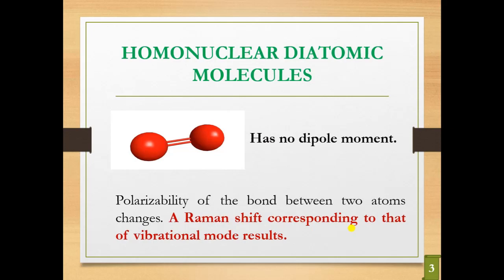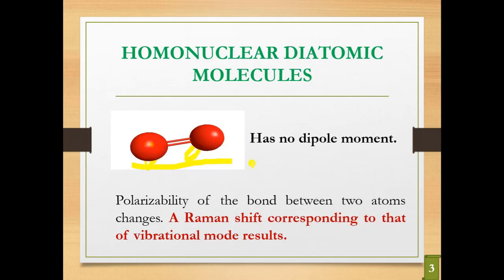homonuclear diatomic molecules. As I discussed in my previous lecture, homonuclear diatomic molecules are Raman active. For example, you can see O2 here.